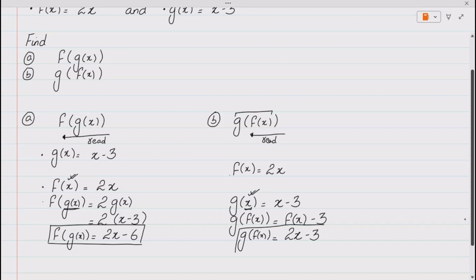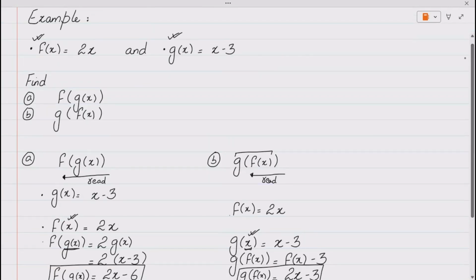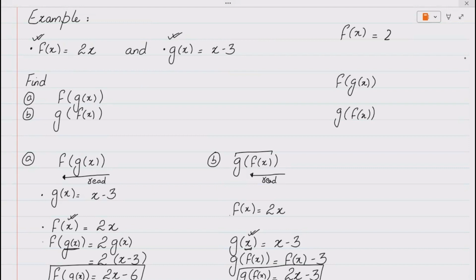So actually, composition is really easy. Whenever you have two functions like this, f of x and g of x, and you have to find f of g of x or g of f of x, you don't need to worry. Just take f of x, which is 2x, and instead of x, put g of x.